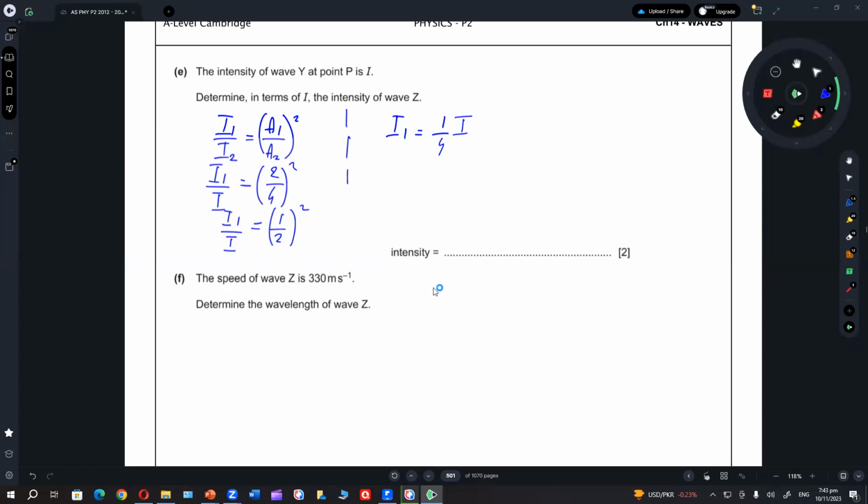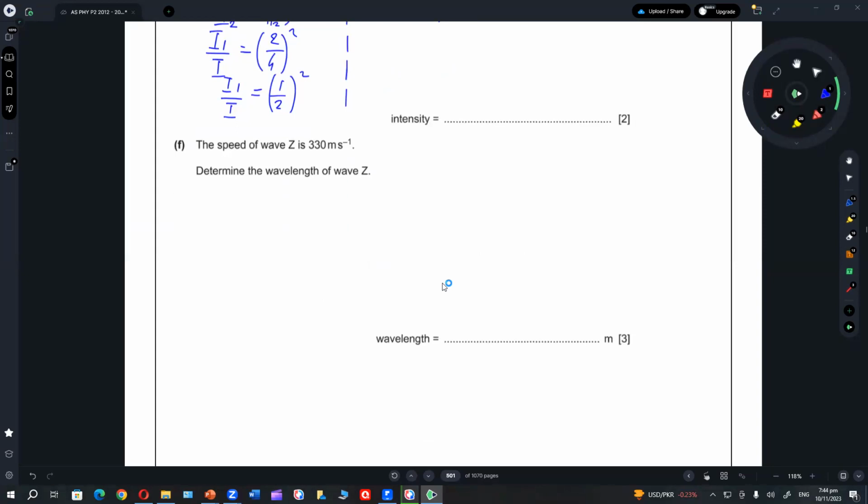Done, sir. Right now, next part, the speed of z is 330. Determine the wavelength of wave z. The formula I will write, v is equal to f lambda. Lambda will be equal to v upon f.